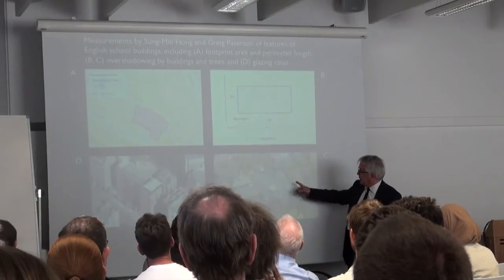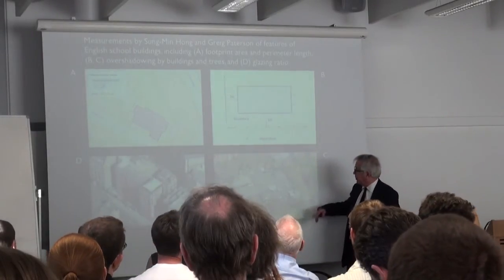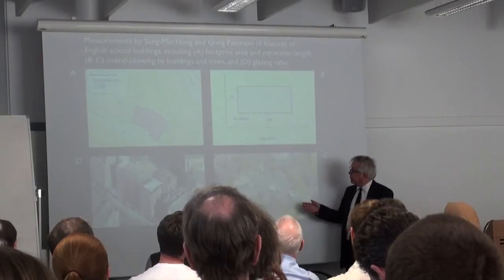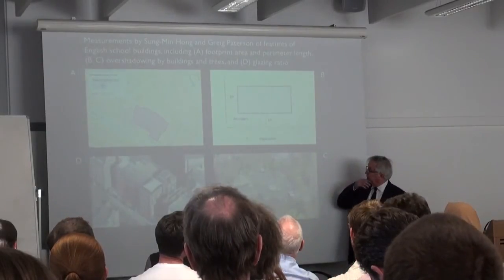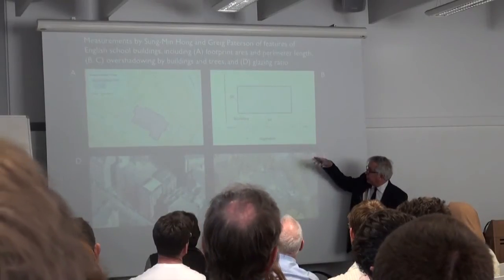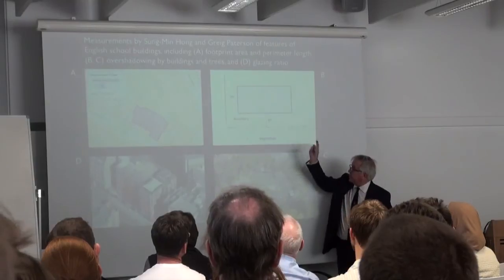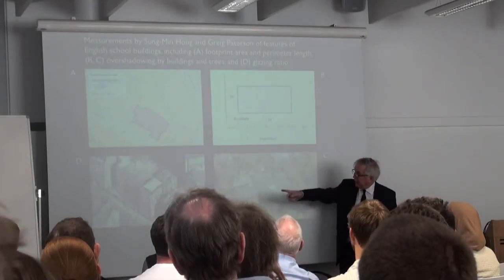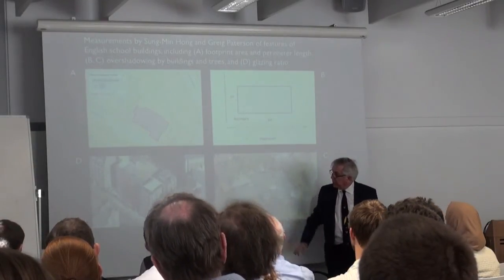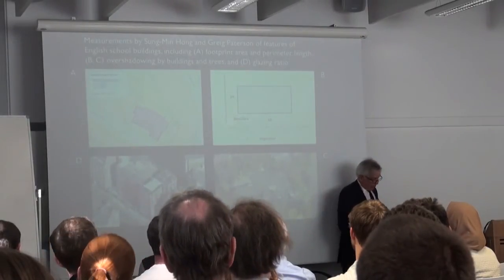These two are measures of the obstruction of the facades of buildings with other buildings or with vegetation in this case. The criterion is that these are obstructions at or closer to a distance equal to the height of the building. And here is measurement of window areas in order to calculate glazing proportions, glazing ratios.